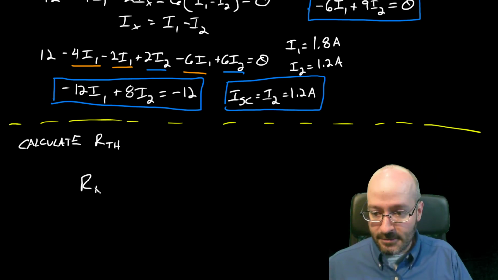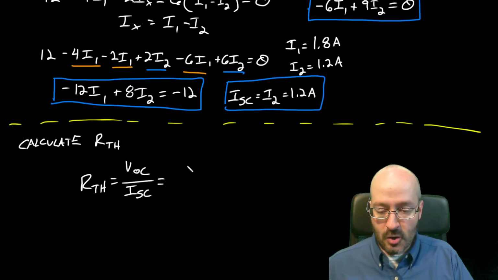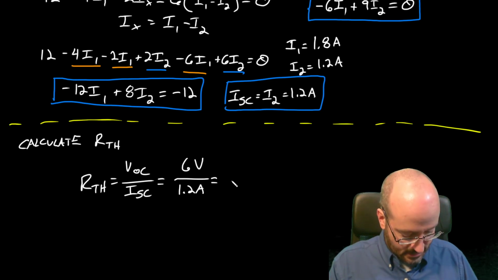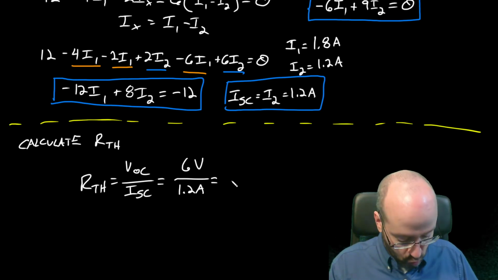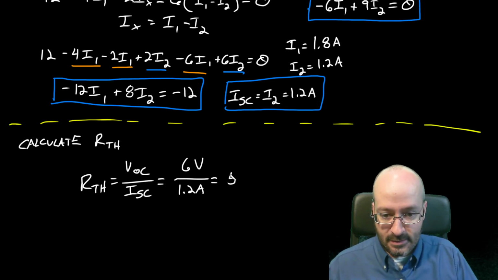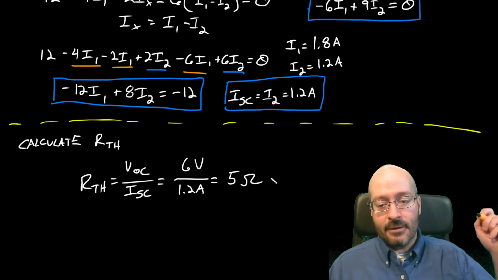Okay, so our R Thevenin is equal to V open circuit over I short circuit. V open circuit in this case was 6 volts. I short circuit is 1.2 amps. Volts over amps is always going to give us ohms. And we find our R Thevenin is equal to 5 ohms.